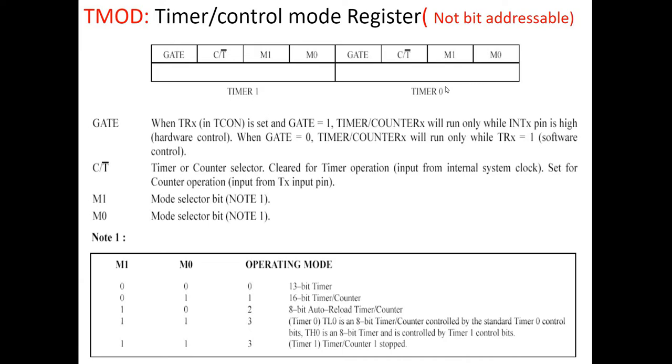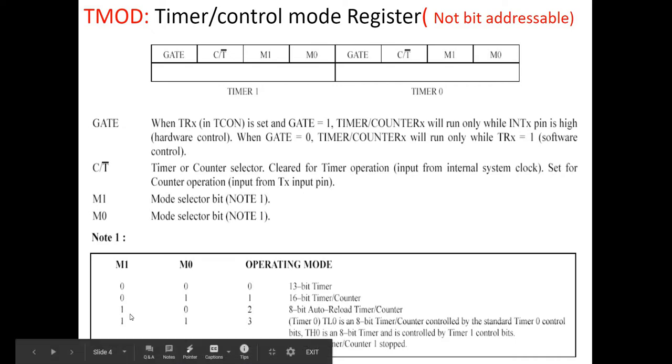Here, for example, if we take timer 0, the first two bits are M0 and M1. These M0 and M1 bits are used to select the mode of the timer. Since we have two bits, the maximum number of modes we can select is 4, called mode 0, mode 1, mode 2 and mode 3.